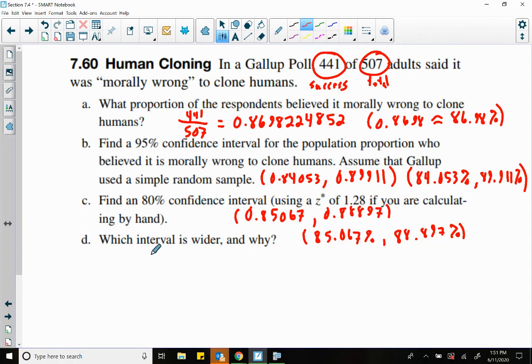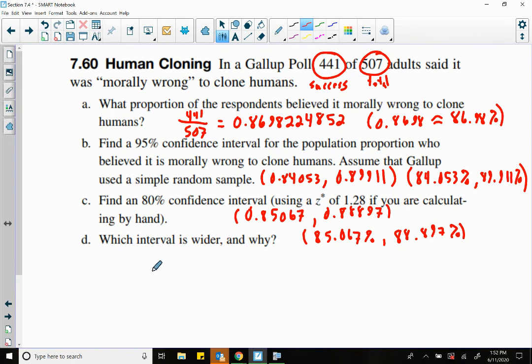So if I took this and asked an extending question, how would a 90% confidence interval compare to these two? Go ahead, think about that for a second.